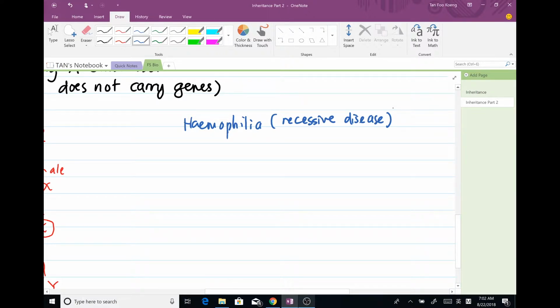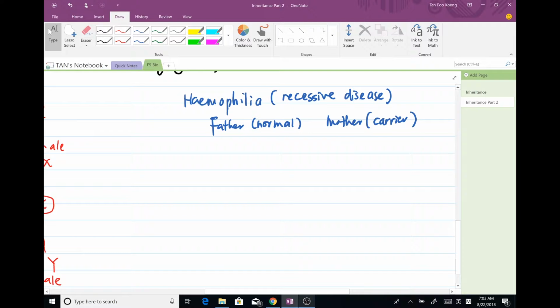And hemophilia is also a sex-linked disease because the gene that controls the production of the proteins needed for blood clotting to take place is found on the sex chromosome. So let's say the father is normal. However, the mother is a carrier. Now, why is mother a carrier? I will show you in a while.